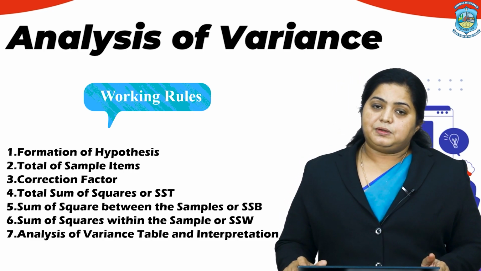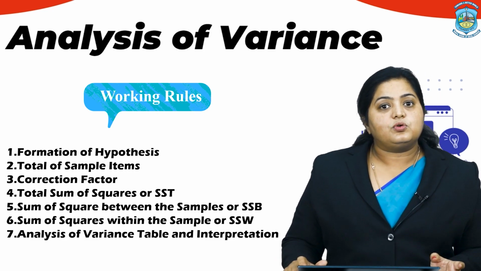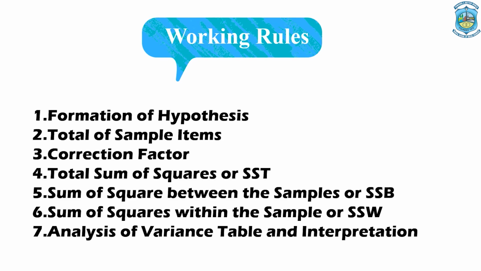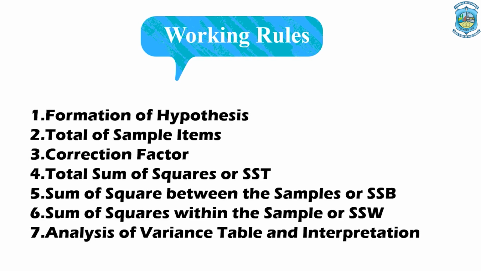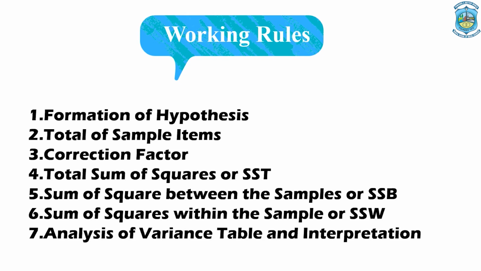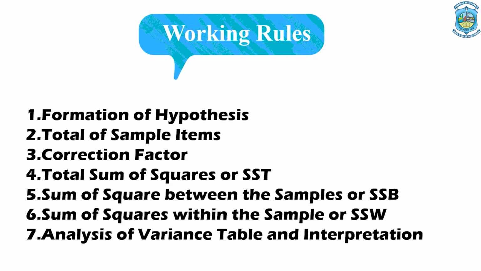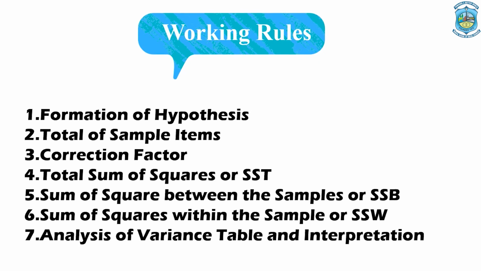The fifth step is to find the sum of squares between the samples, known as SSB. The sixth step is the sum of squares within the samples, denoted by SSW. The last and very important step is to draw a table of ANOVA analysis and interpret the data as per the findings.